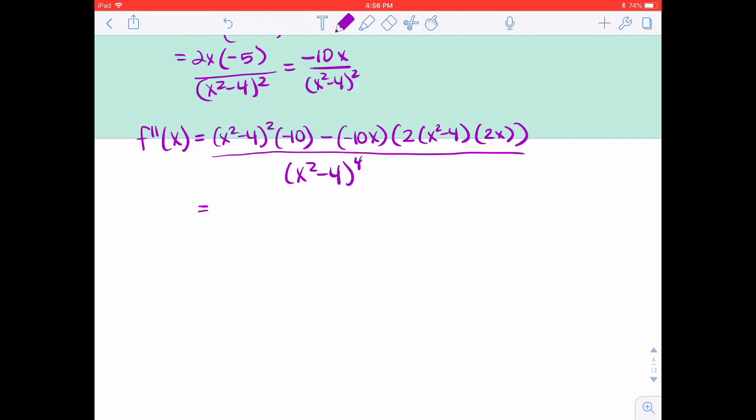Okay, so negative 10 times x squared minus 4 squared plus 10 times 2 is 20, 20 times 2 is 40x squared minus 4.